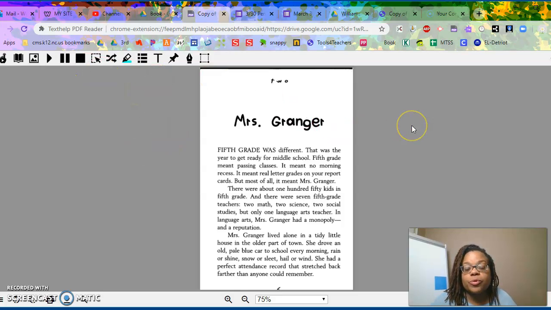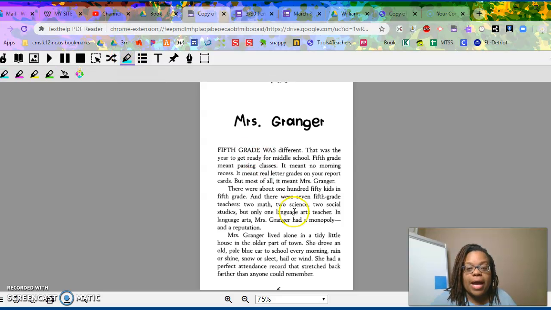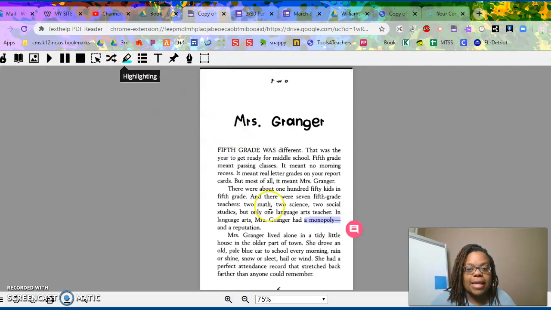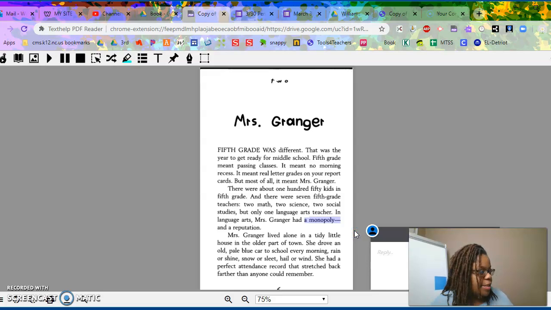If you use Google Read Write and remember how we did it in class, then that means you can go through and you can click your highlighting tool and you can start highlighting things. So here, I should be able to highlight this and mark, doing like my track and tag, that this was number 3.